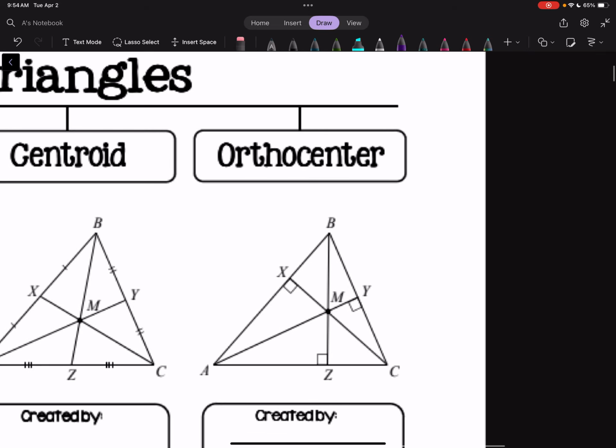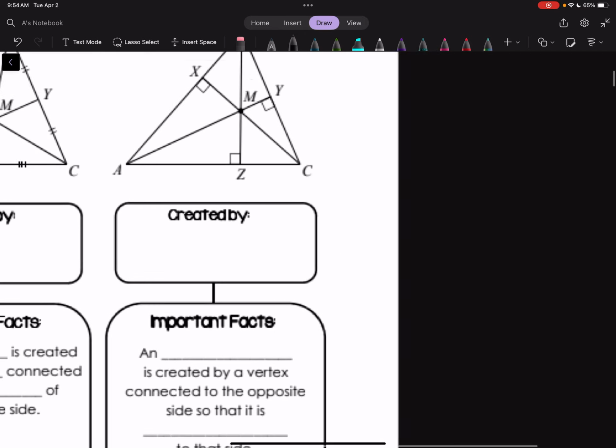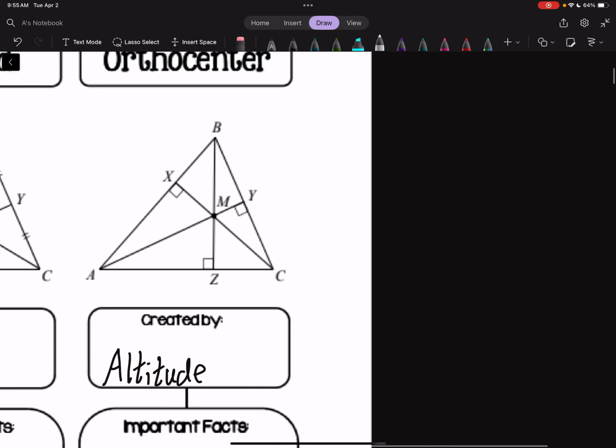An orthocenter is created by an altitude. I'm going to show you what this means here in a second. An altitude is a perpendicular line to the side of a triangle.